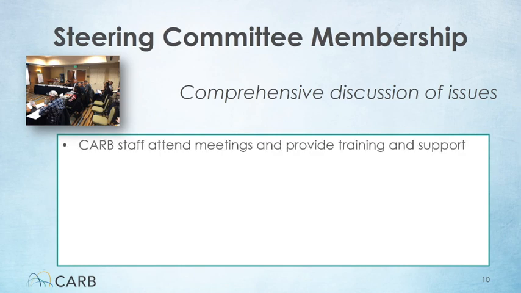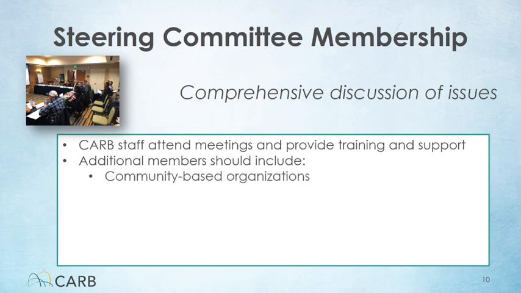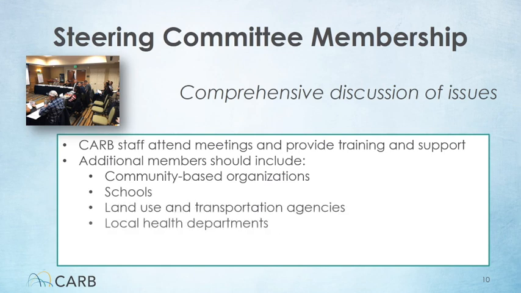CARB staff attend all steering committee meetings, provide training and support, and play a key role in identifying strategies to reduce emissions. To encourage diverse perspectives and solutions, the steering committee should include additional members from community-based organizations, schools, land use and transportation agencies, including cities and counties, local health departments, researchers, and labor organizations.